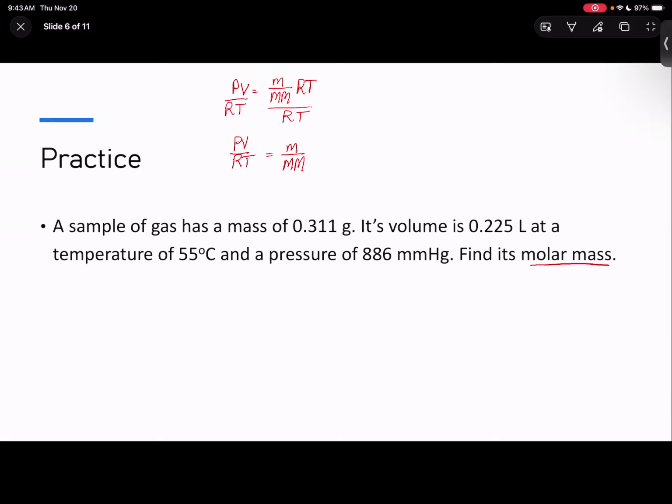Dividing each side through by mass, I get PV over mass times RT is equal to 1 over the molar mass. I use my inverse key here. When you use your inverse key, you take your mass times RT over PV, and that will equal the molar mass.